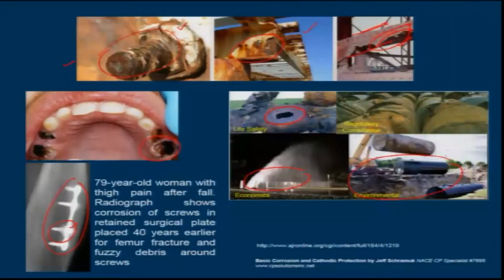So corrosion, see, these are some of the pictures I have taken from the internet, but on the internet you just put the buzzword corrosion damage or corrosion accidents, and you will find thousands of examples. Now, let me put up some small examples.